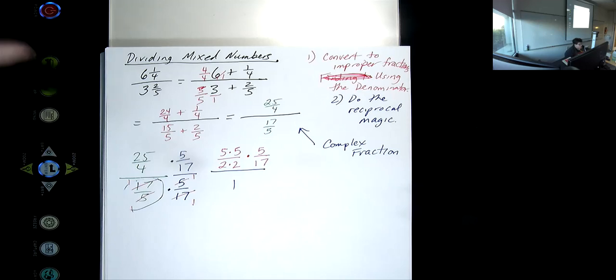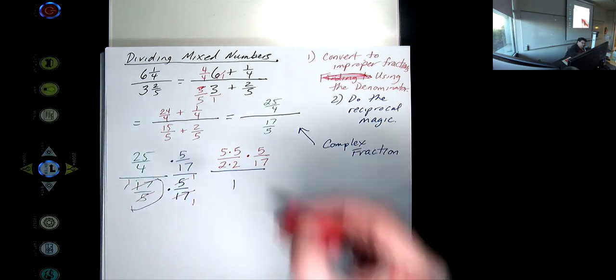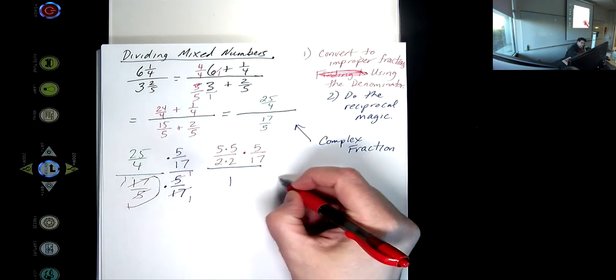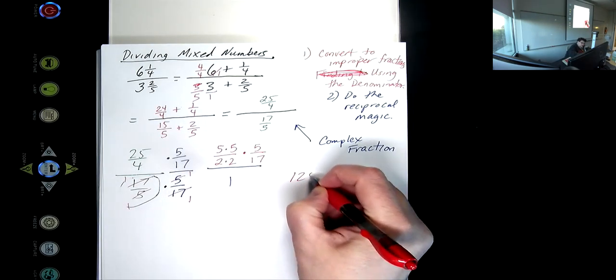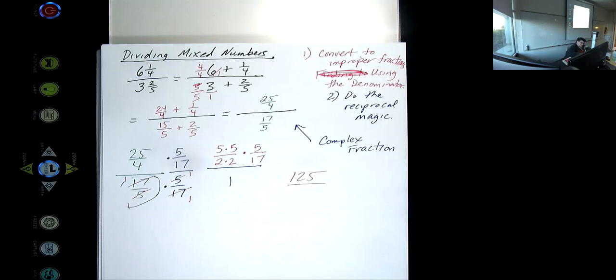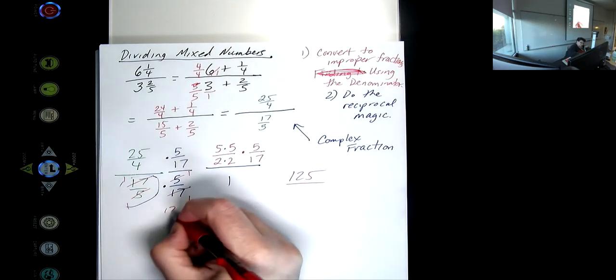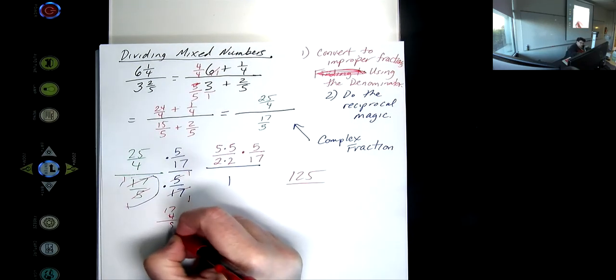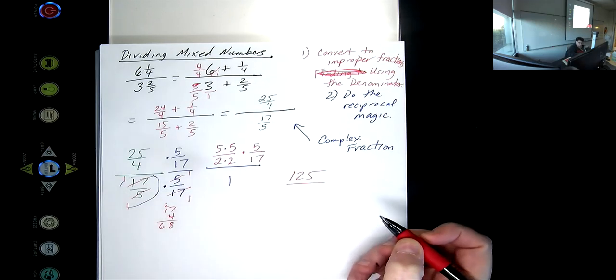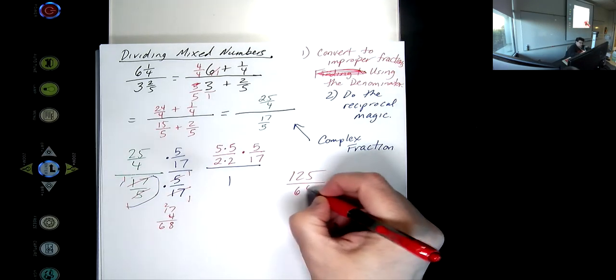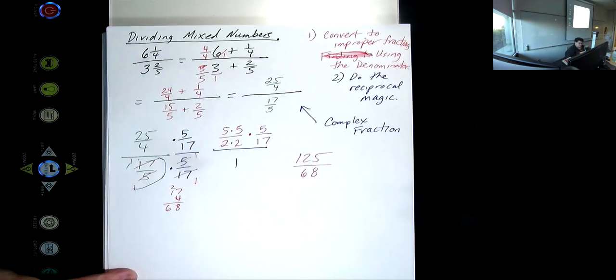It sucks if you multiply the big number and then you're trying to undo it and find your factors again. Here I can see nothing cancels, so I can just do the math. 25 times 5 is 125. 4 times 17, what is that real quick? 17 times 4 is 68. I've got 125 over 68.